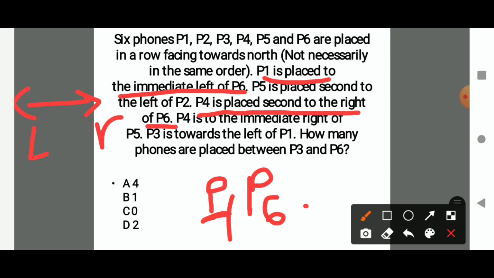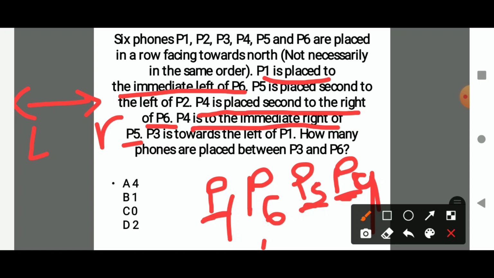The second, if P6 is here, what is the right side? This side. So second to the right is P4. And the next statement is, P4 is immediate right of P5. If P5 is here, the right side is this side, so P4 is here.